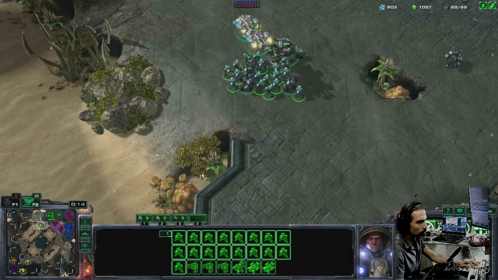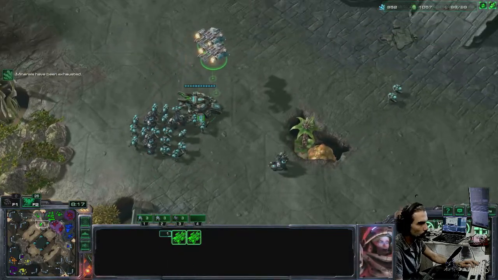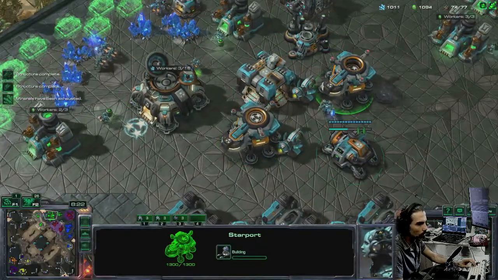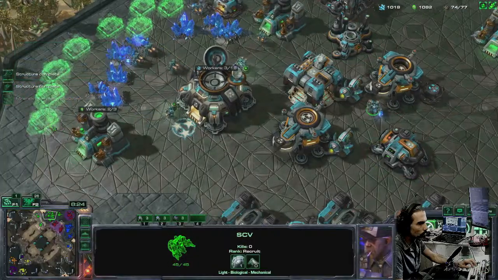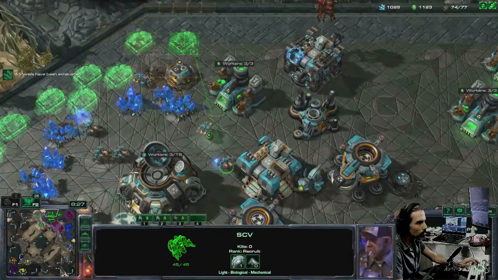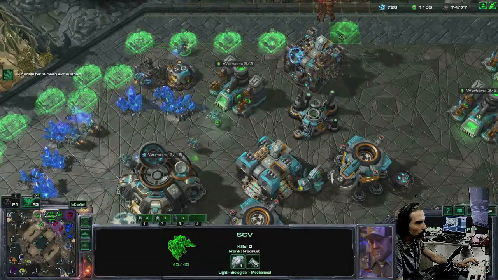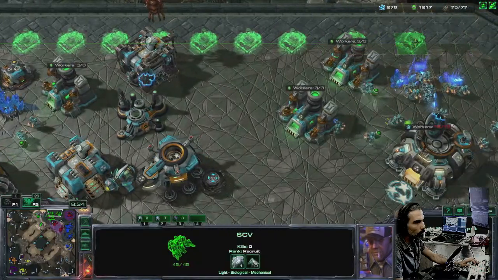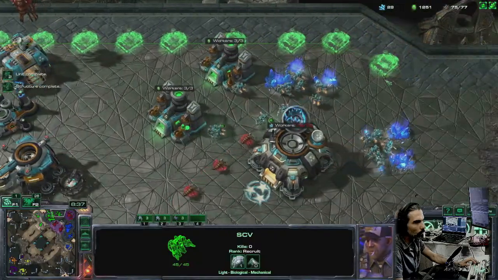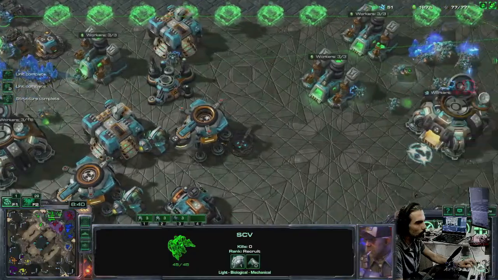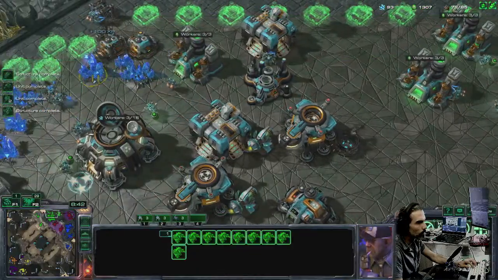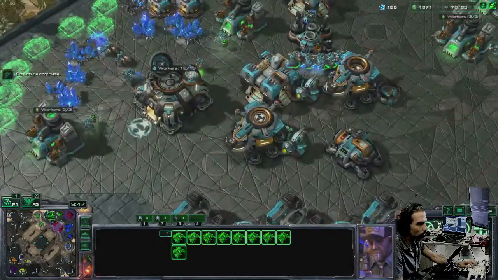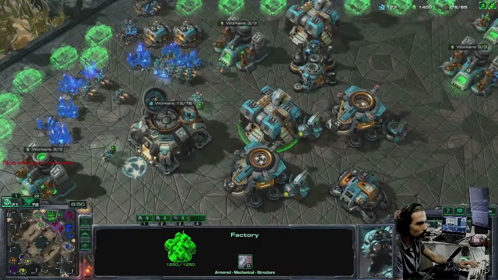Mineral field depleted. Gotcha. Not enough minerals.